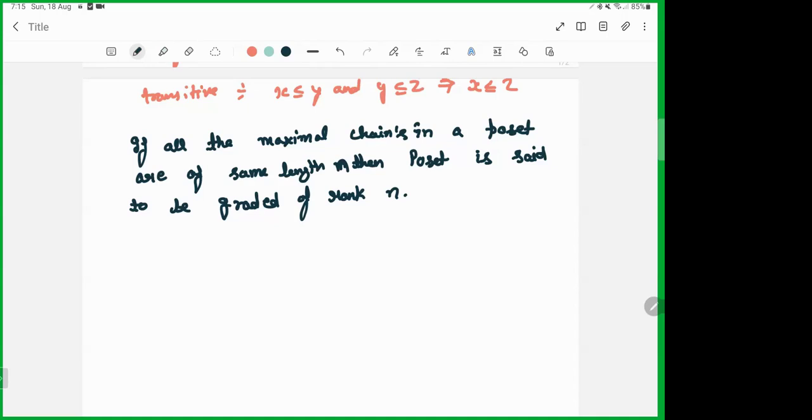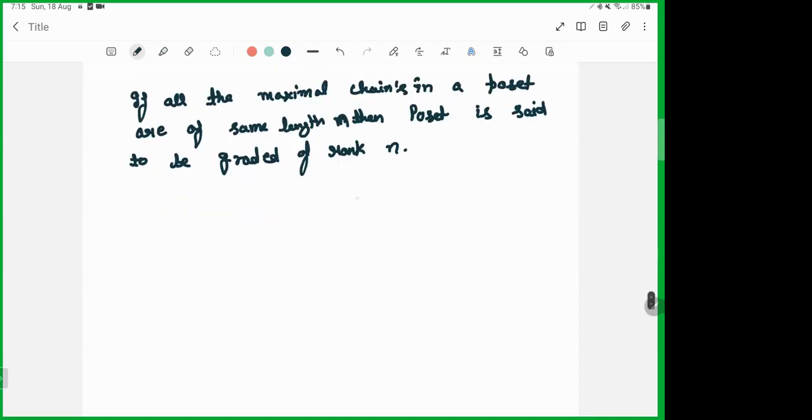So here is the first problem. This is the quick recall of theory. So now start with the problem.